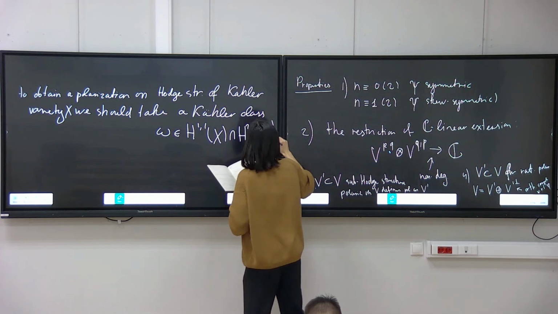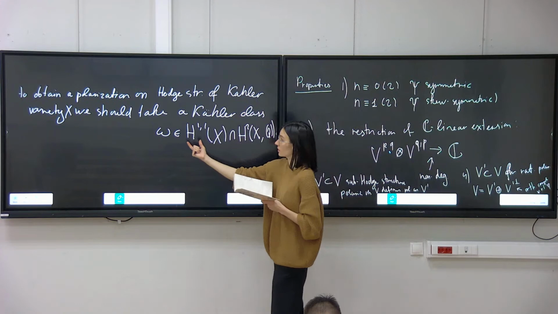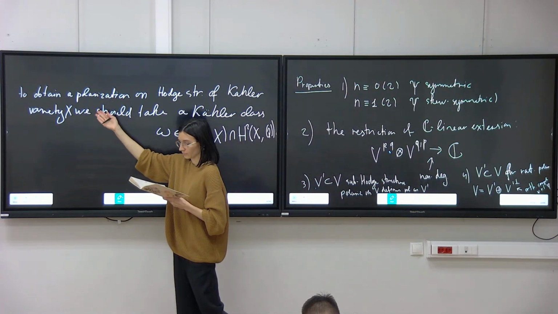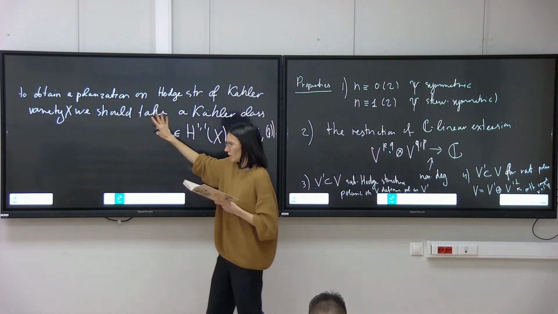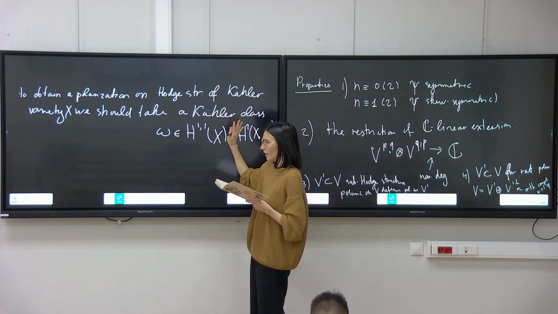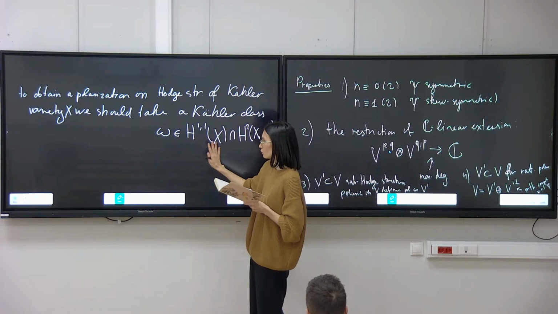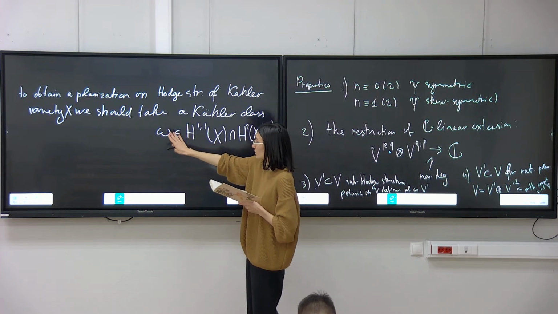So there should exist a rational Kähler class, and in fact, this will give you a polarization. To explain accurately why, I need to write down the Hodge-Riemann pairing and so on, and I don't want to do this, but let me just leave it in such a form.